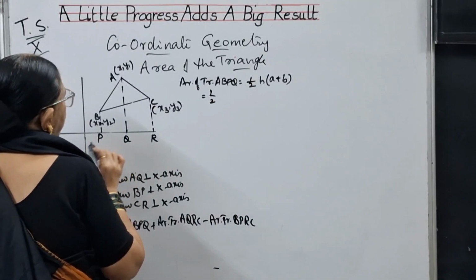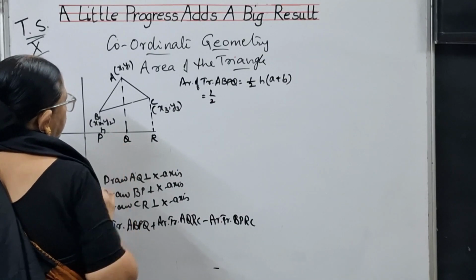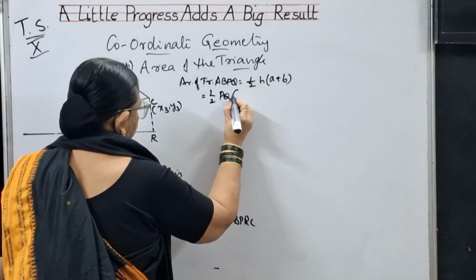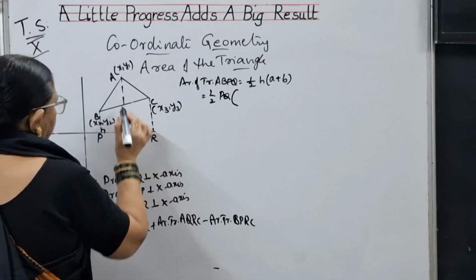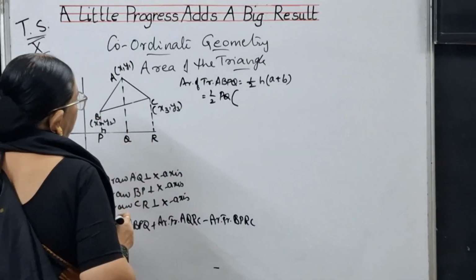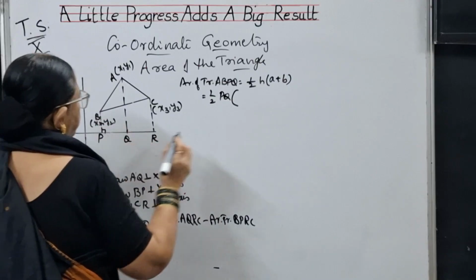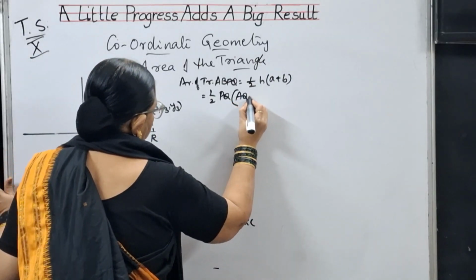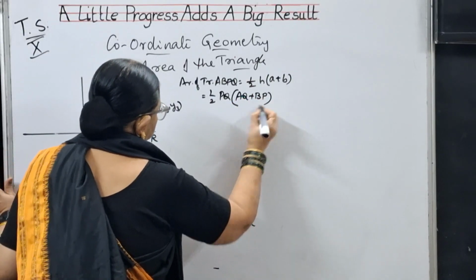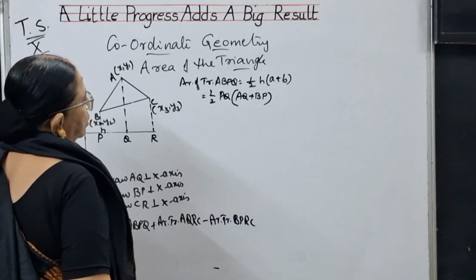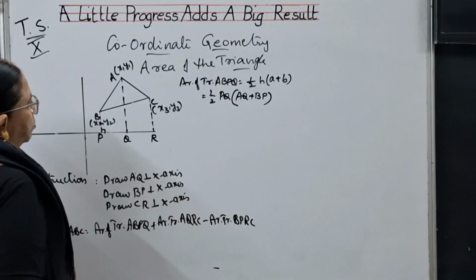Height is nothing but the perpendicular. This can be considered as height. That is PQ into a plus b, the parallel sides we are talking about, AQ plus BP. Our area of trapezium is half PQ into AQ plus BP.